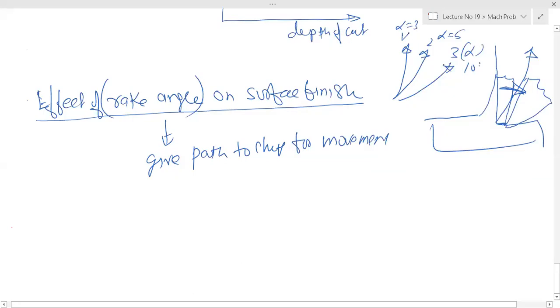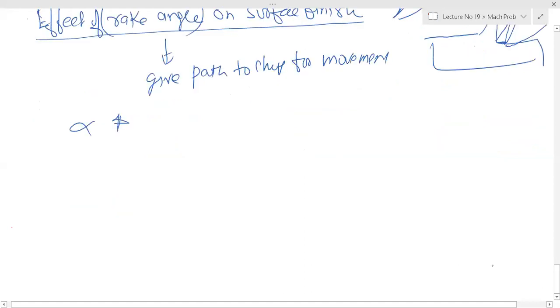So when alpha is less, it will be stiff. When alpha increases, it is easy to flow, and surface roughness decreases. So we can say, this is your H, this is your alpha rack angle.